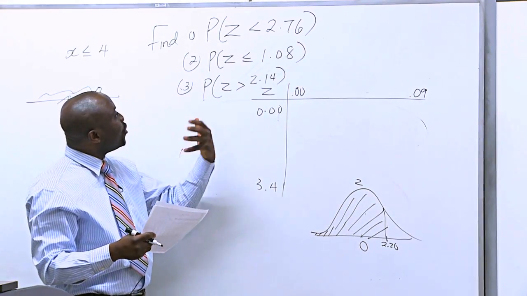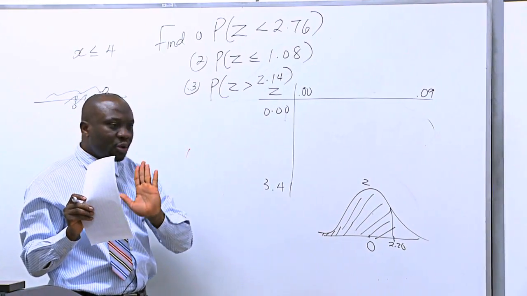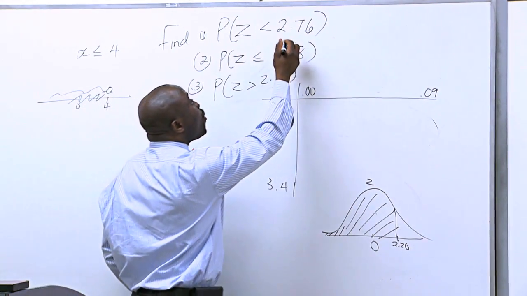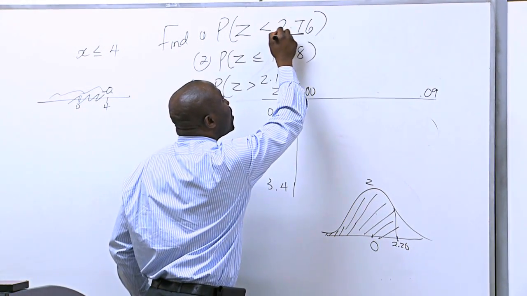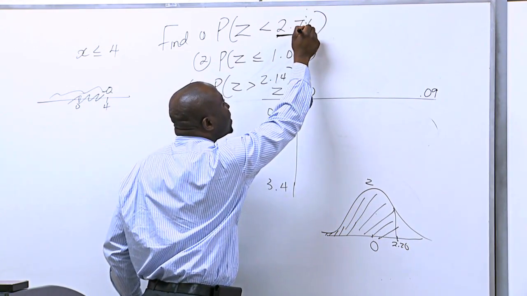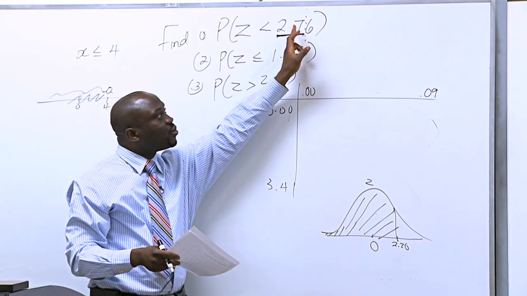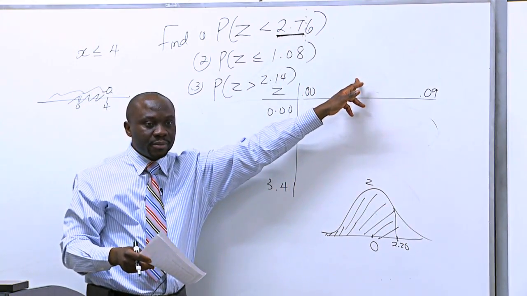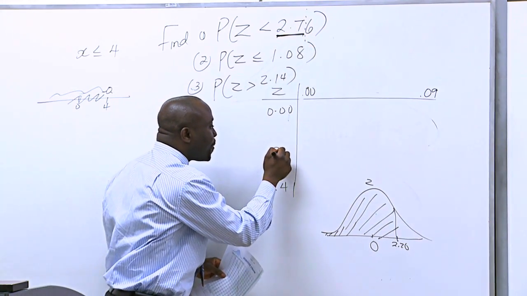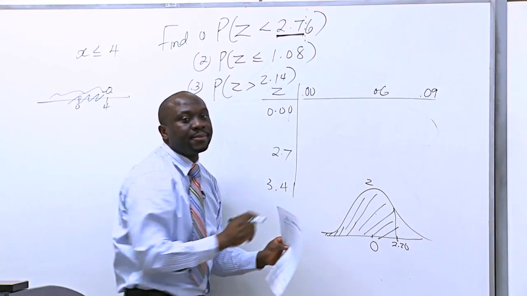How do I go about that? Simple. Watch, don't go to the table yet. This is what you want to do. You are going to use the first 2 numbers. So we're separating these 3 digits into 2. You split that using the first 2 and then the last one on top. So if I want to read this area, it will be 2.7 here, and then the 6 should be somewhere there, 0.6.